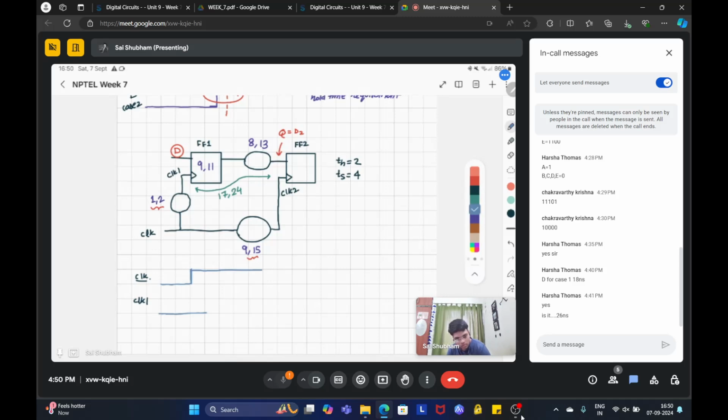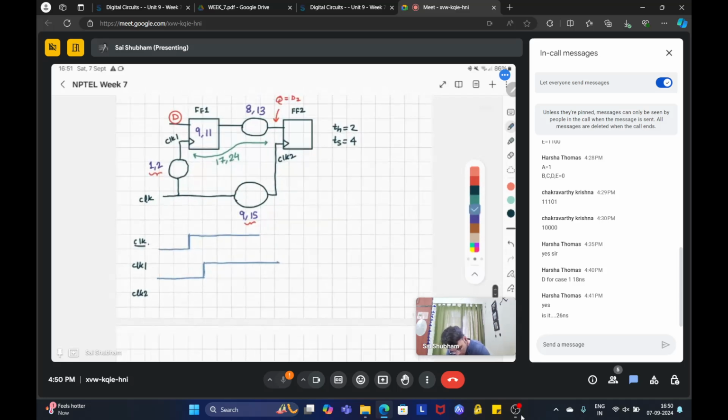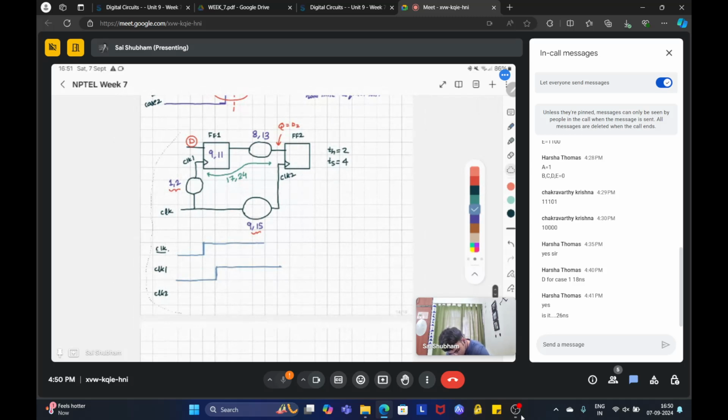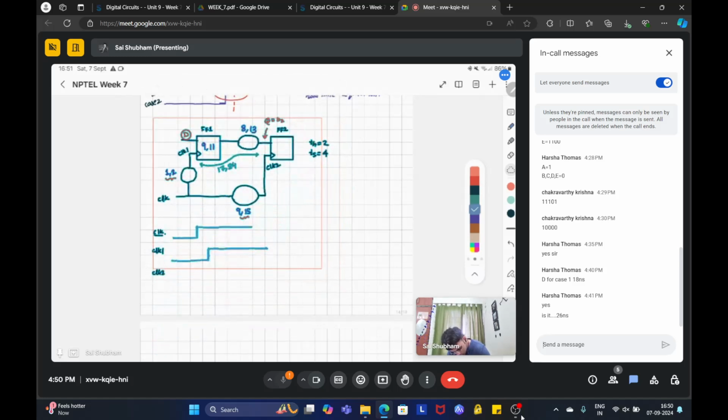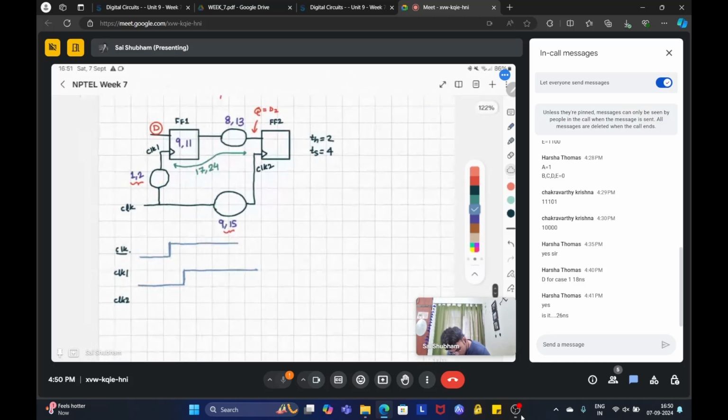So this is clock 1, and we are checking setup and hold violation at flop 2.